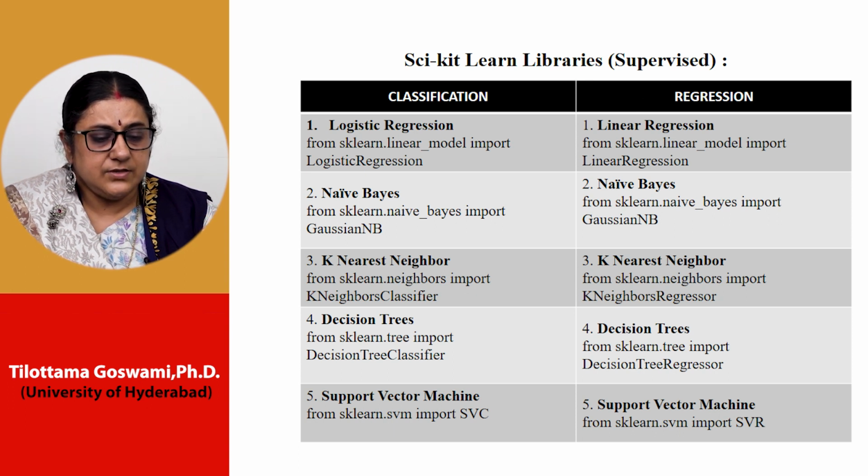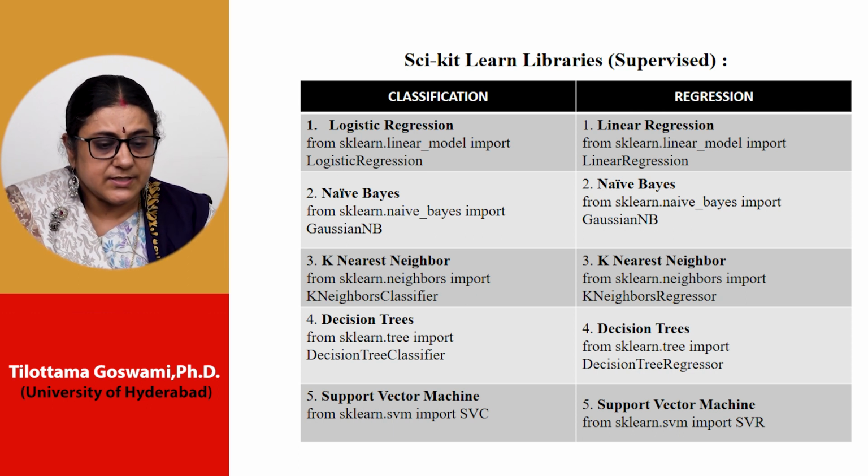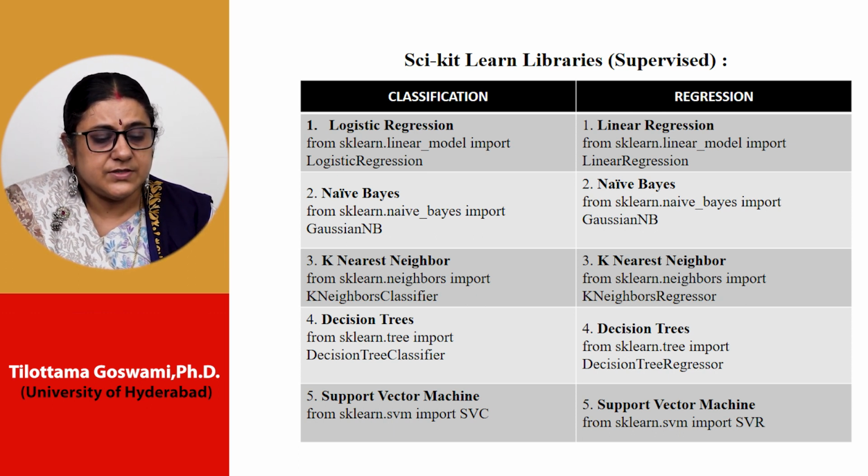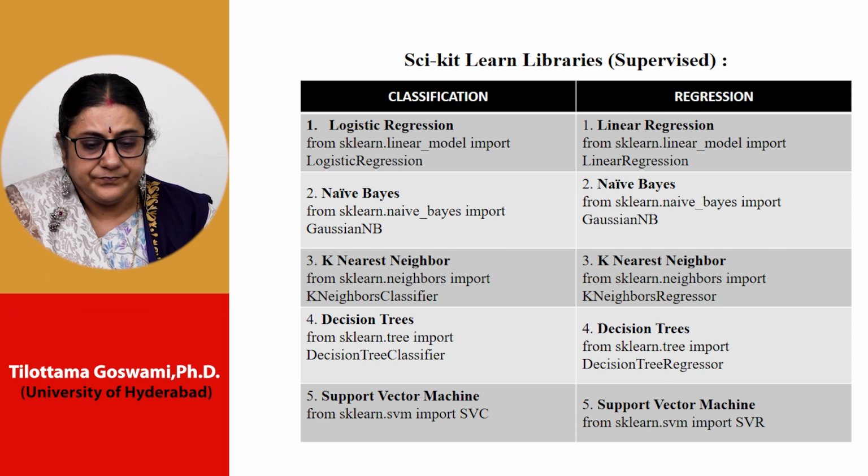The package used is logistic regression. The function used is logistic regression, coming under the package sklearn.linear_model. Similarly, for naive Bayes, it is sklearn.naive_bayes import GaussianNB. Decision tree: sklearn.tree import DecisionTreeClassifier, and support vector machine: sklearn.svm import SVC.